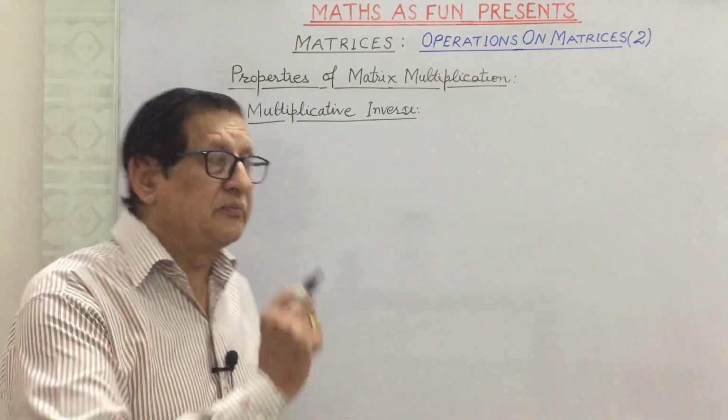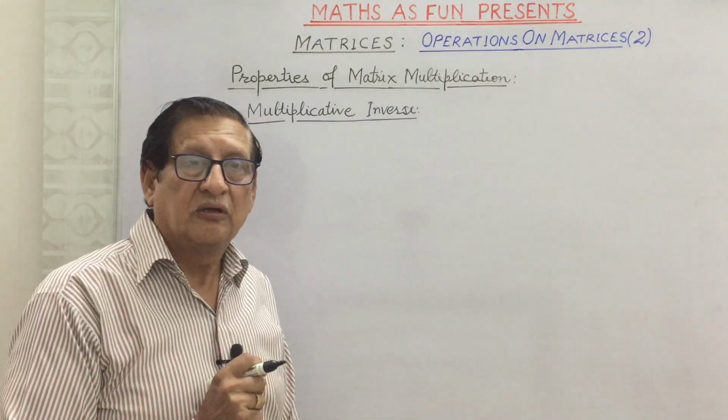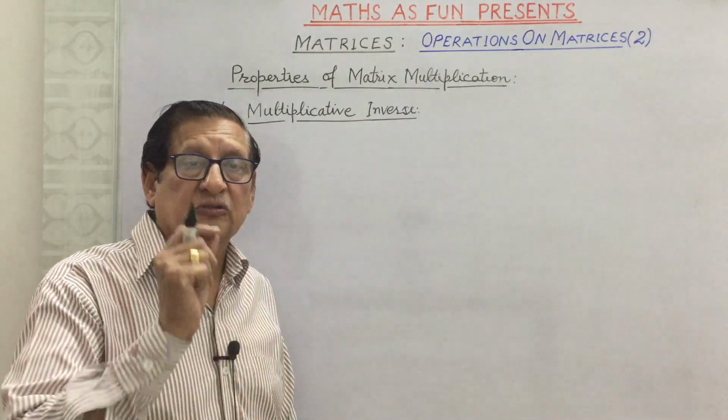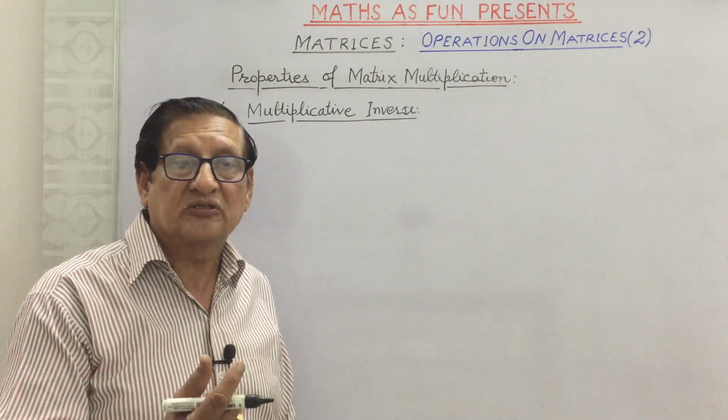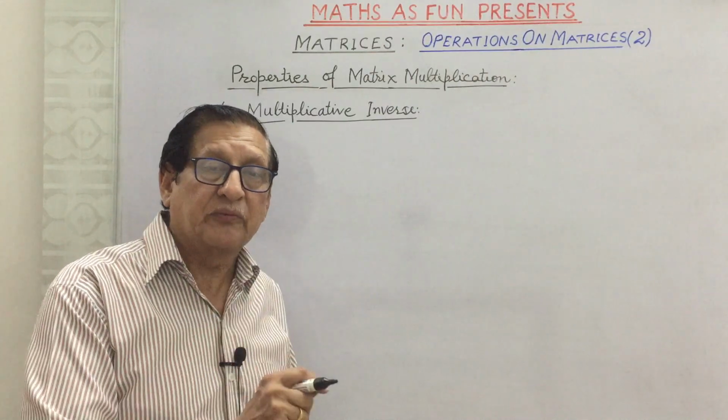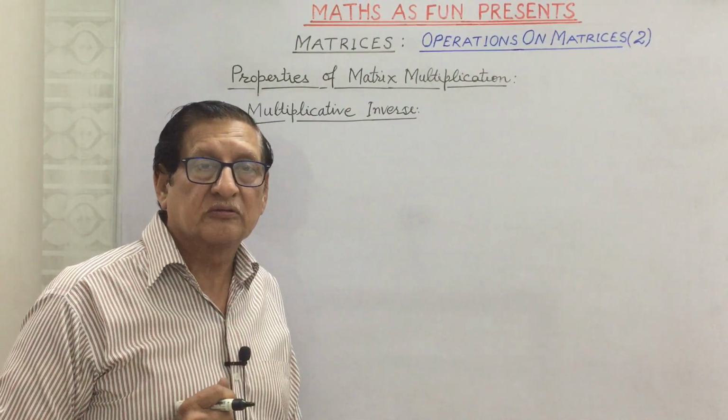The fourth property is multiplicative inverse. Multiplicative inverse exists only for the square matrix. Why? Because the identity matrix or unit matrix is always a square matrix.